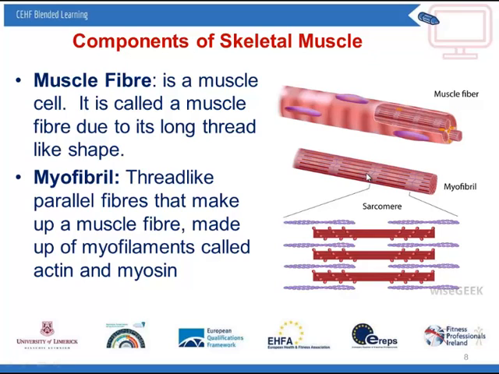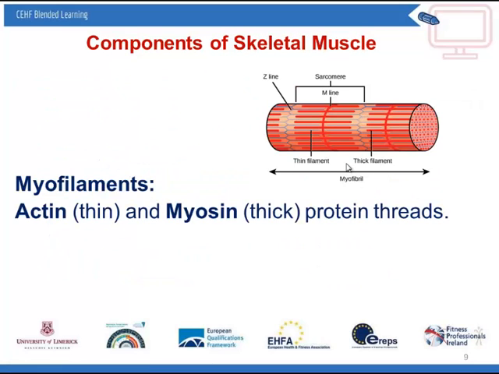On the myofibril we also have these other protein structures, and these are called myofilaments. So myofilaments are protein threads, and the two that are on our muscle fiber are actin, which are the thin ones, which are the blue ones on the diagram here, and then myosin, which are the thicker ones, which are in red.